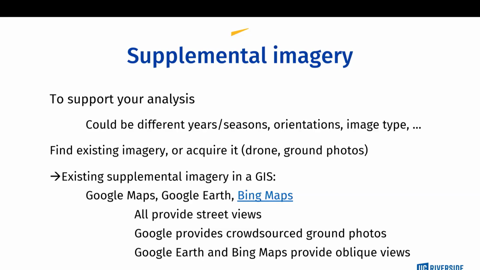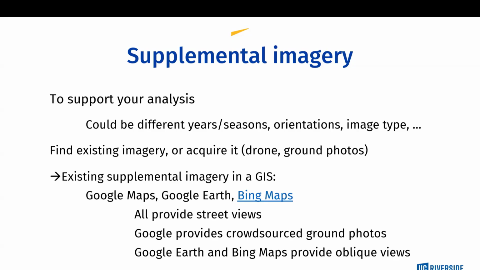So just drilling down a little bit further on this idea of existing supplemental imagery, I wanted to mention that Google Maps, Google Earth, and Bing Maps could be helpful sources for you for supplemental imagery. For instance, all three of those provide street views, which can be really helpful if you can't tell looking top down what a particular feature is.